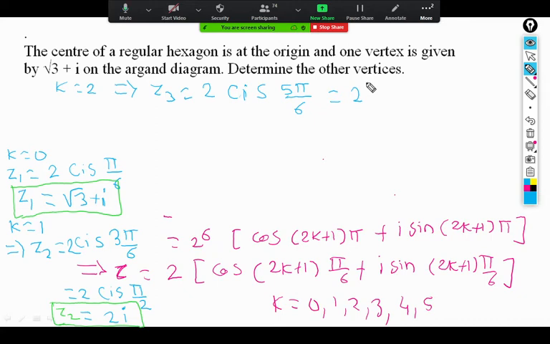Which quadrant is the angle 5 pi by 6 in? Second quadrant, sir. Yes, second quadrant. Cos 5 pi by 6 will be minus root 3 by 2, plus i by 2. Is it correct? Yes, sir. So we got z3 as minus root 3 plus i.